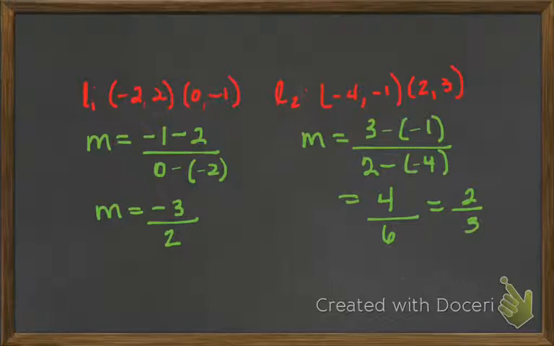Now, the question is, are -3/2 and 2/3 negative reciprocals? Are the signs opposite? One is negative, one is positive. They are. Are they reciprocals? 3/2 and 2/3? Yes, they are.